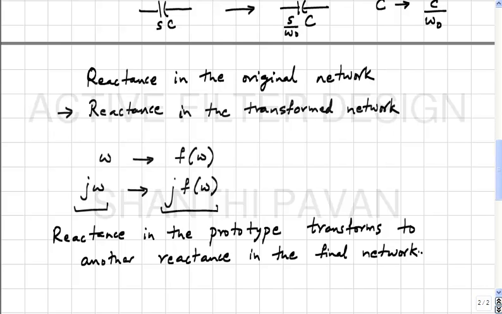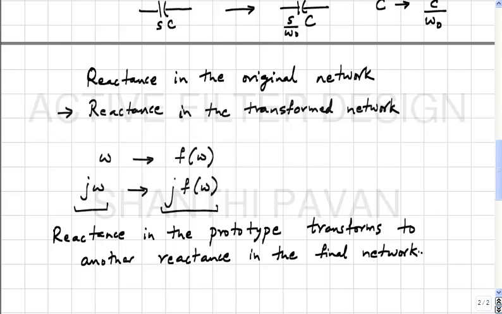Does it make sense? In the original network, the only elements you had were resistors, which do not depend on s or on omega, so they remain the same. You had inductors and capacitors, right? And the impedance as a function of omega is purely imaginary. Either the impedance or the admittance is imaginary for all inductors and capacitors.